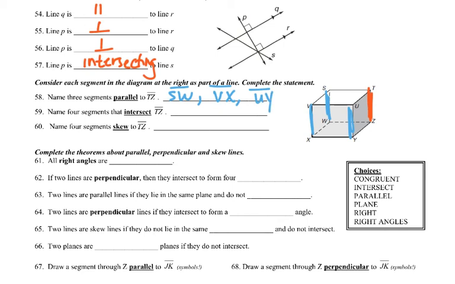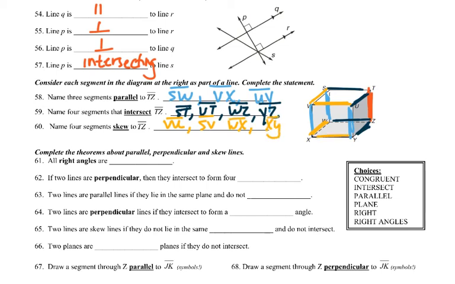Ones that intersect or cross TZ would be something that would have either a T or a Z in the answer. So ST, UT, WZ, YZ. And then finally the skew ones, those are the kind of leftover ones, like VU would be skew, so would SV be skew, so would WX, and so would XY.